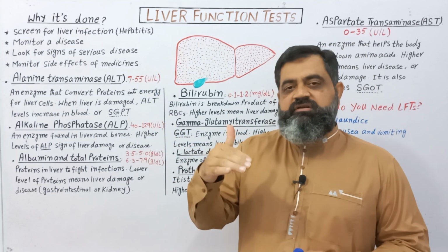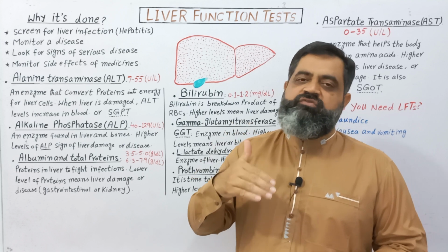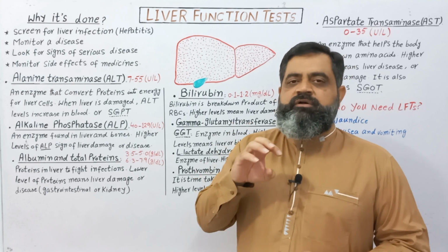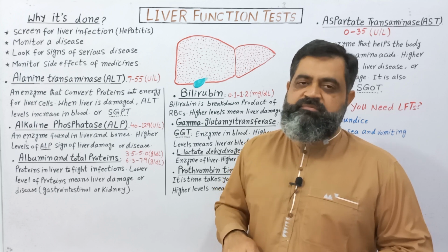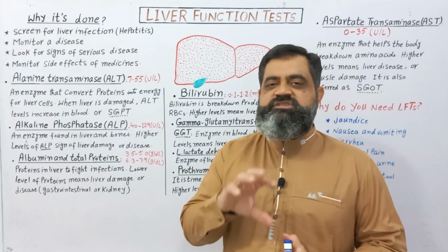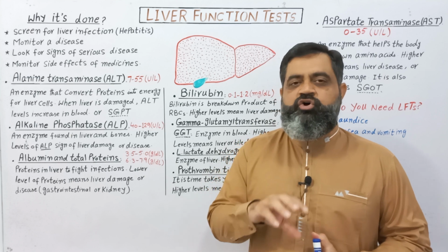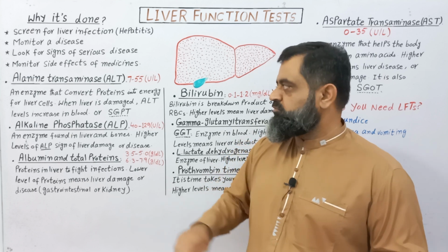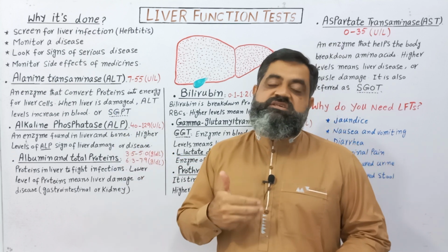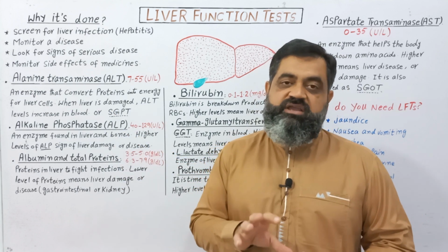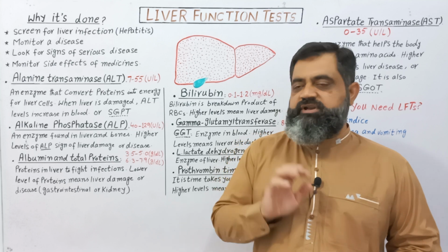A higher level, more than 55 or 56 units per liter, of this enzyme in the bloodstream is a sign of serious infection or liver damage. So when the liver is damaged, ALT levels increase in our blood.